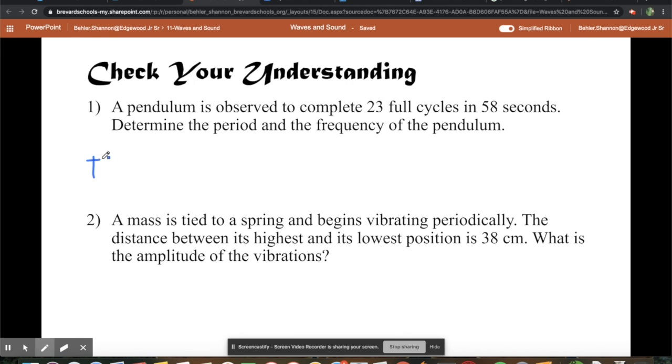Okay, so the period is 1 over the frequency, but they didn't give me the frequency or the period, so how am I going to use these formulas? Well, if I think about the previous slide and what period and frequency actually are, I can figure it out. What is the period of a wave? It's how long it takes the wave to complete a full cycle.